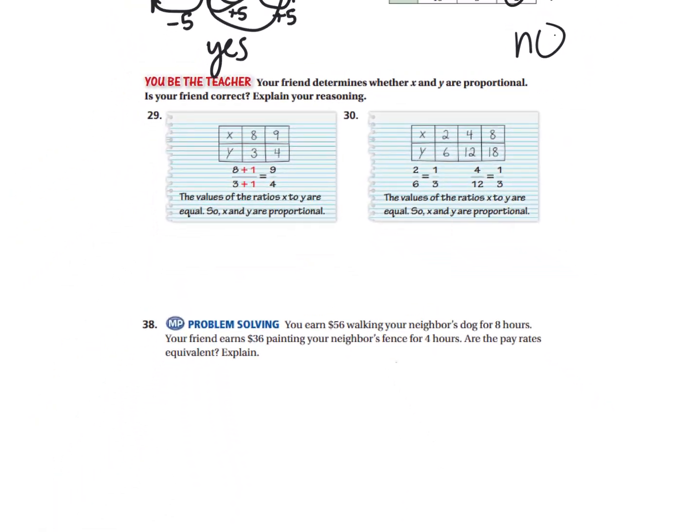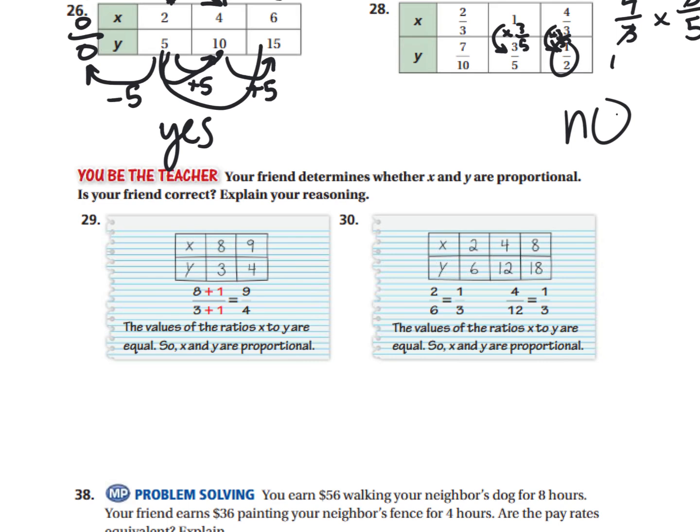Okay, last couple here. First of all, 29 and 30 says it gives you what your friend did to see are they proportional, and if so, we need to determine the reasoning. Okay, for 29, this is a great one where we can extend back to 0, and if I don't get the point 0, 0, this is not proportional. This is -1, this is -1, this is -1.